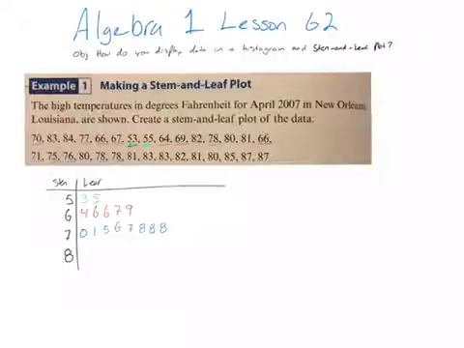Okay, and then for the 80s, looks like there's an 80 right there. There's another 80 right there. So on my 80s, oh, there's another 80 up here. There's an 81. There's 2 of those. Oh, 3 of those.